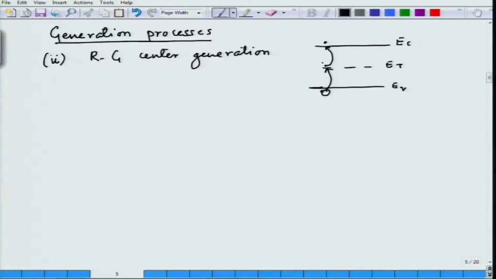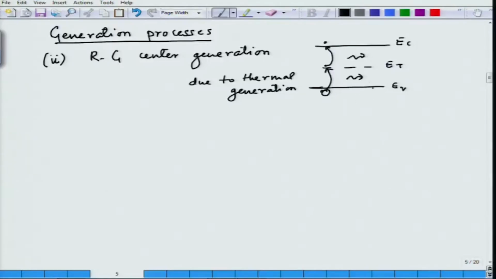This can happen just like in the band to band transition. It can happen due to thermal generation. It can also happen due to light absorption.